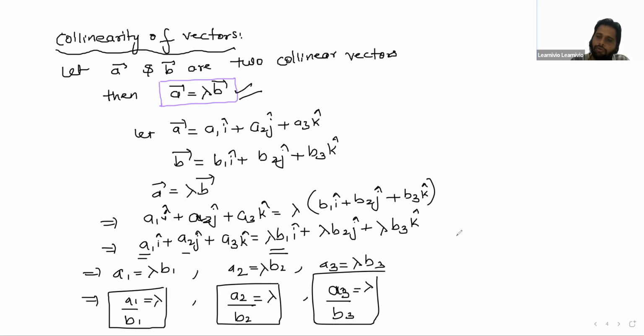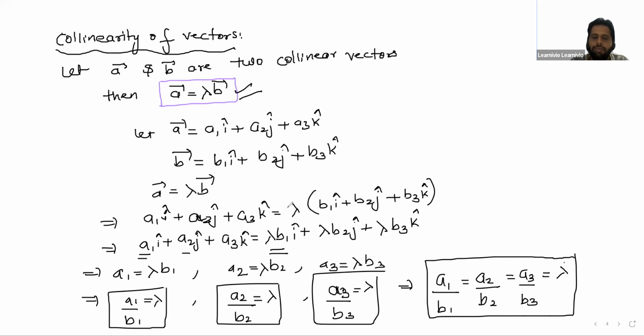So we can say that A1 by B1 is equal to A2 by B2 is equal to A3 by B3, is equal to lambda. So we have this result.